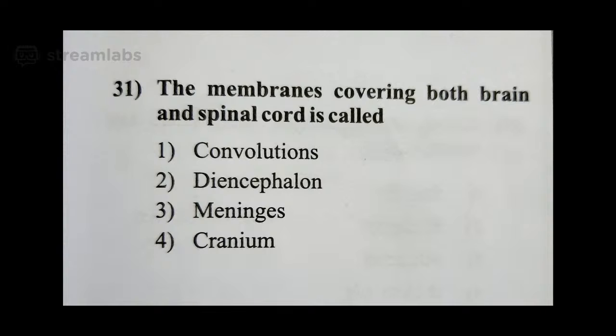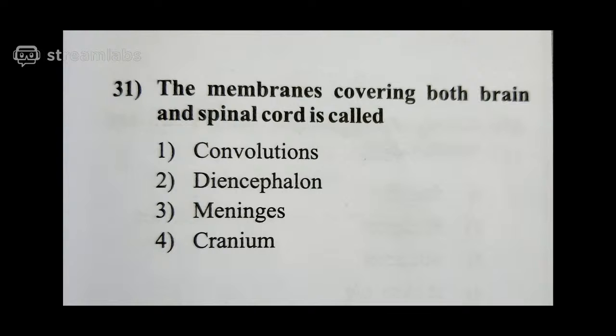Okay, this is on the brain. The question is on the brain. The membranes covering both brain and spinal cord. This is very important. This will be asked in your board exam. It is a frequently asked question in your board exam.